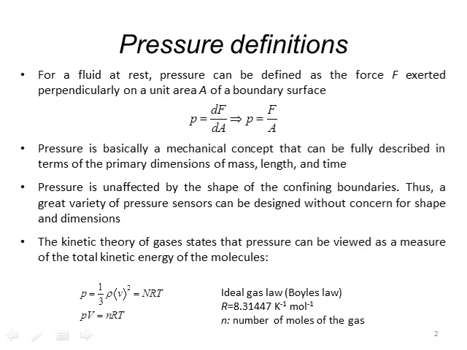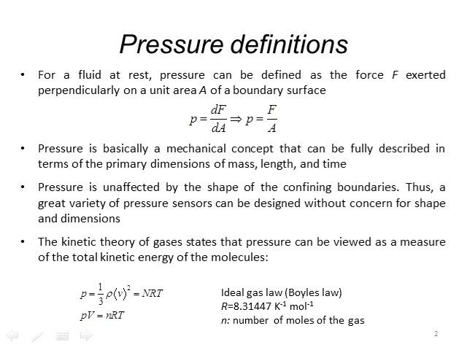So the pressure is equal to 1/3 rho, and then we have this funny term, velocity in a bracket squared, okay? And these brackets are essentially time averages, because we deal with ensembles, large ensembles of gas molecules.